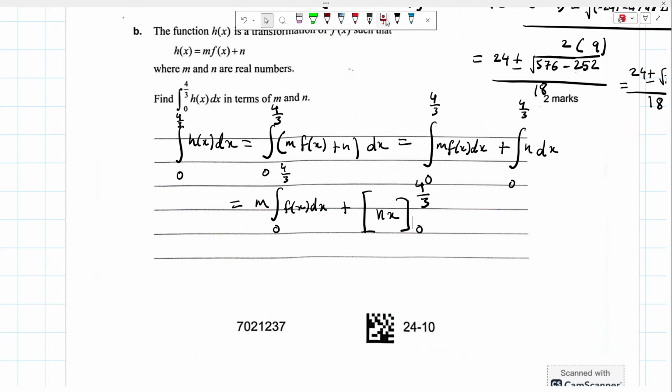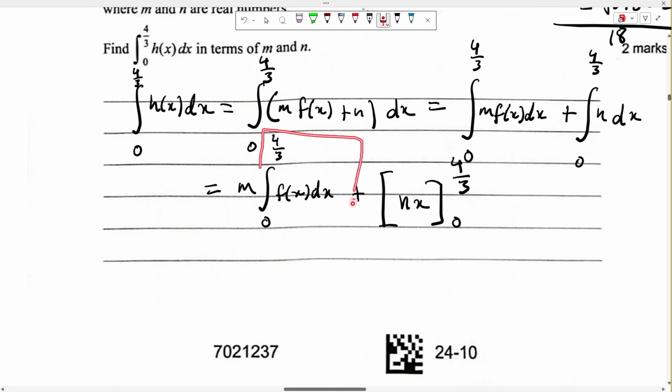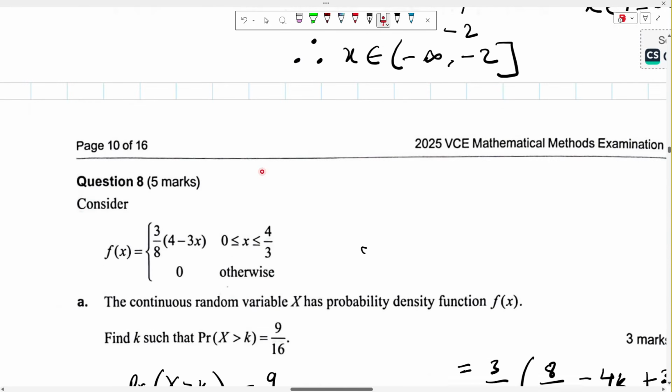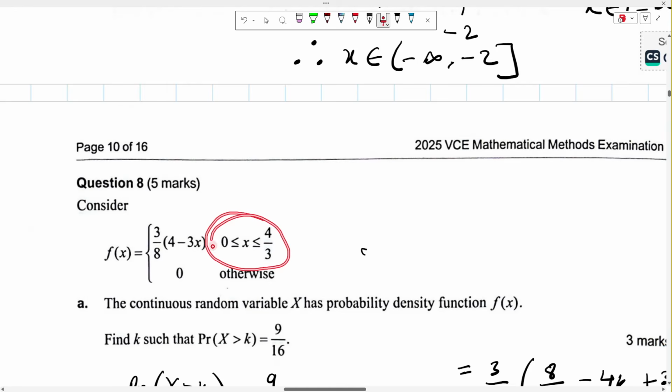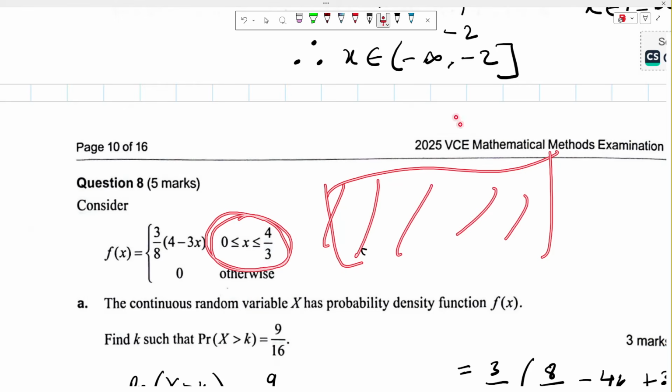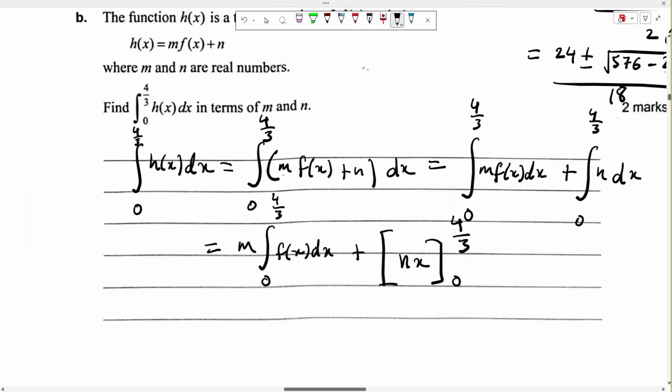And also, what's the integral from 0 to 4 over 3 for f of x dx? Well, that covers the entire probability density function, right? That's the area under the entire probability density function. That's always going to be 1. So we just get m plus, now let's take this and substitute 4 over 3.